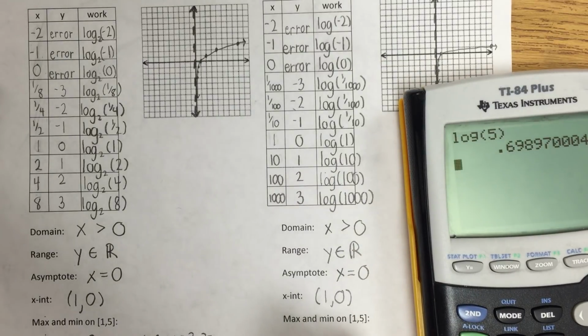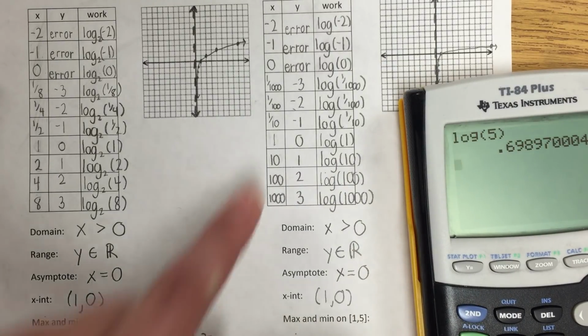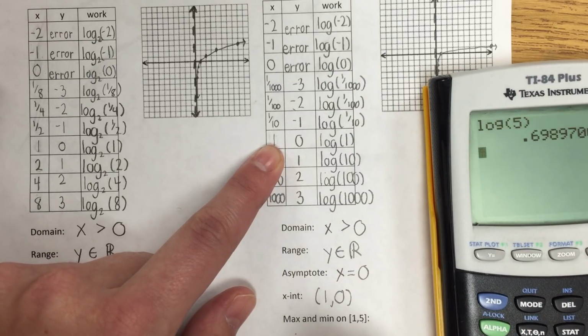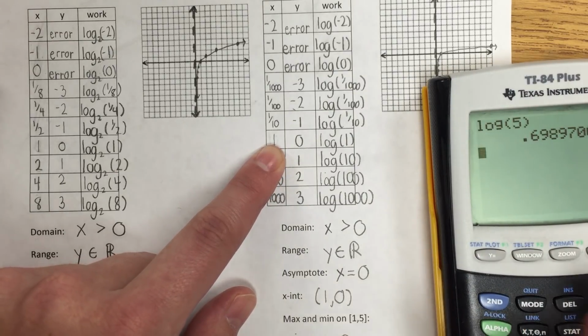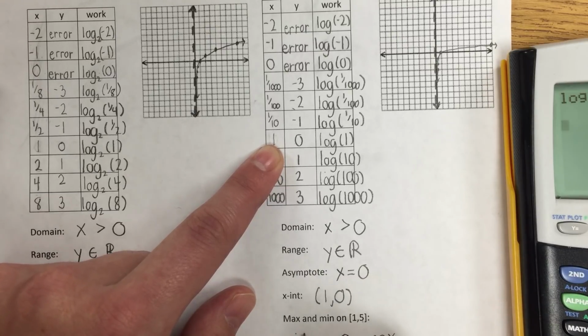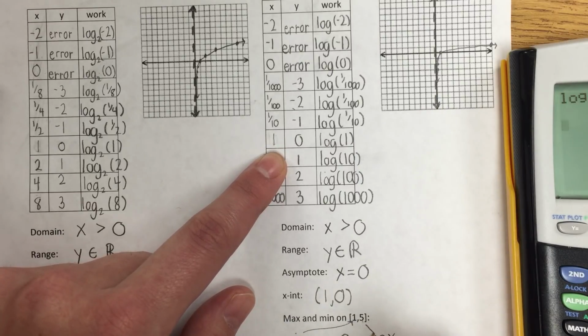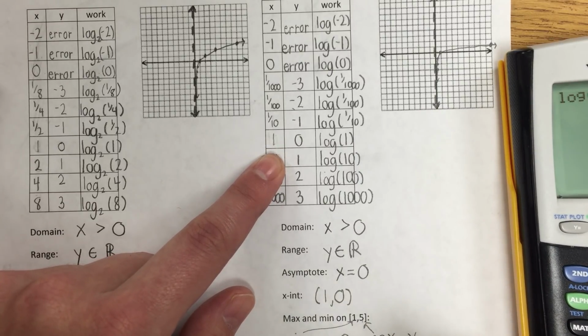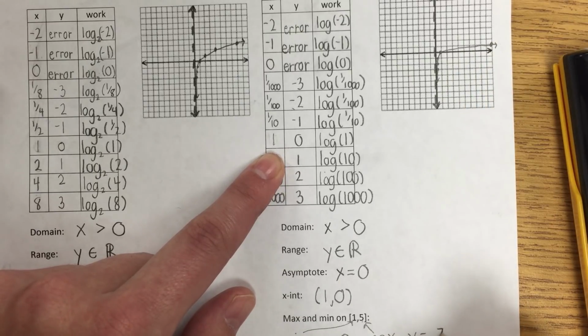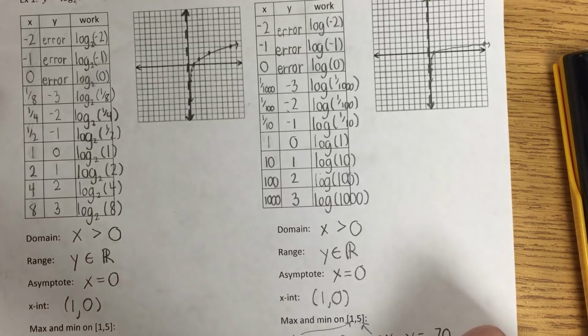So my min occurs at 1 and is y equals 0, and my max occurs at 5, and that is y equals 0.70 when I round.